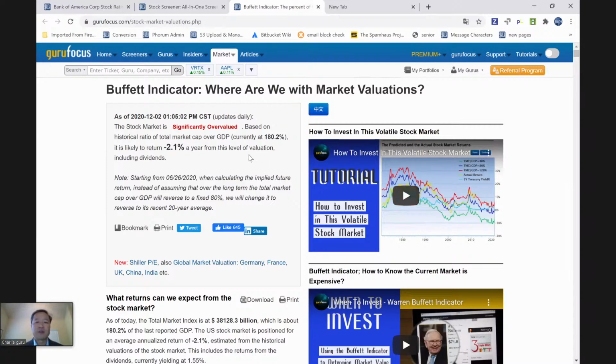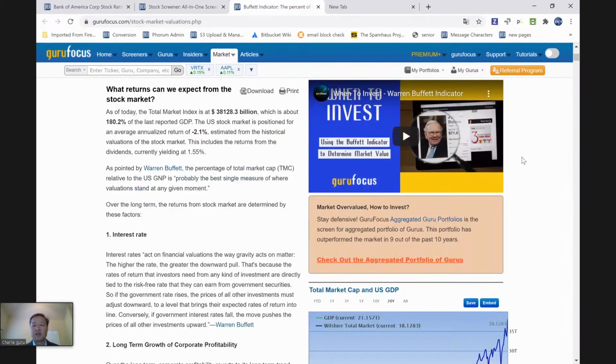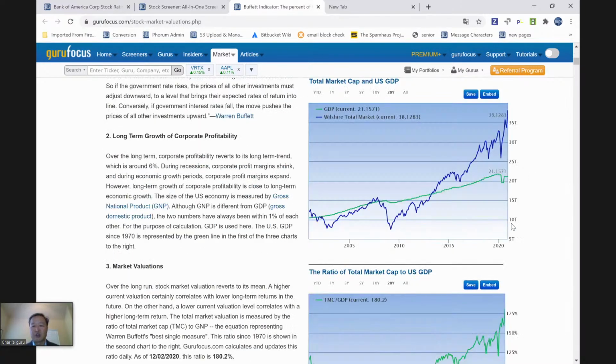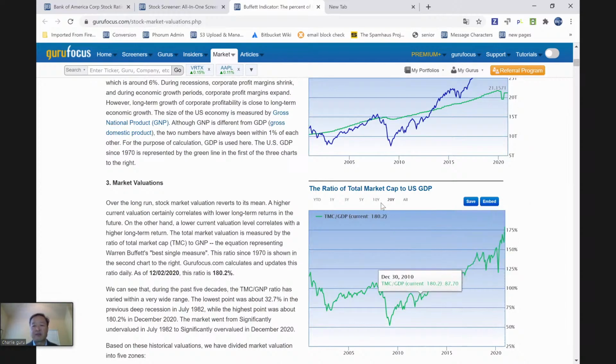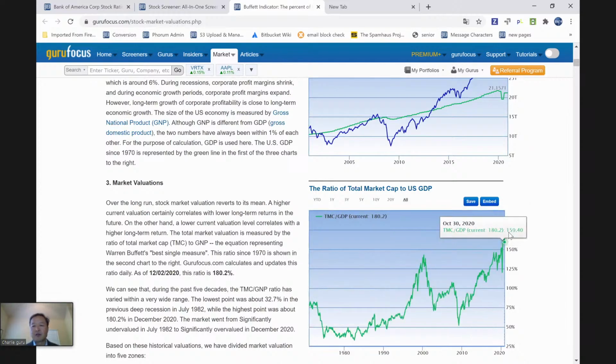We use GDP here. Currently, the ratio is at 180.2%. If you look at this chart, historically it has never been this high. Currently it's the highest ever.